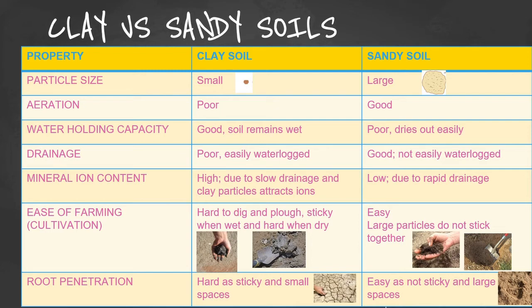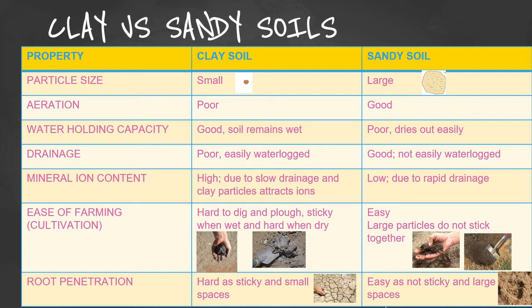When we look at the ease of farming or cultivation, clay soil is pretty hard to dig and plow because it gets very sticky when wet, as you can see in the image, and it gets very hard when dry. So it's not very good for farming. Sandy soil, however, is easy to use for farming because the large particles do not stick together.